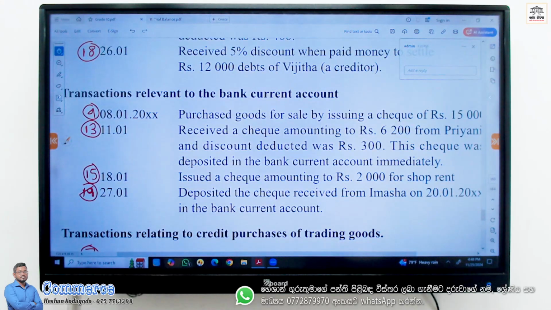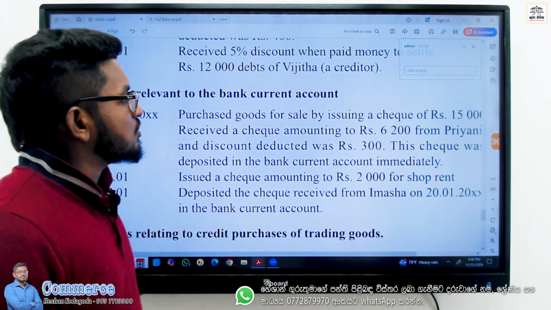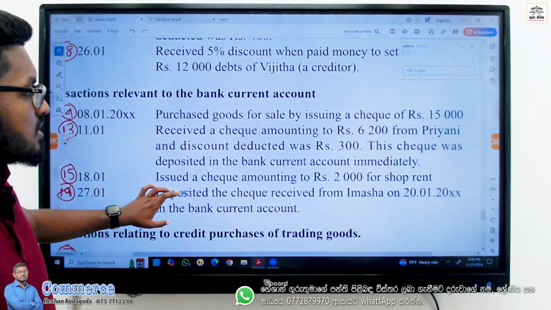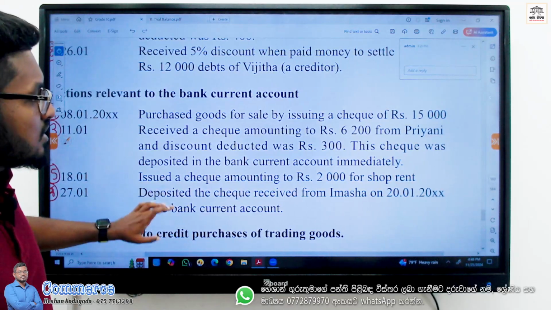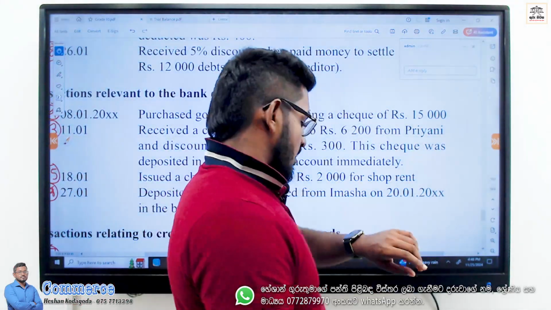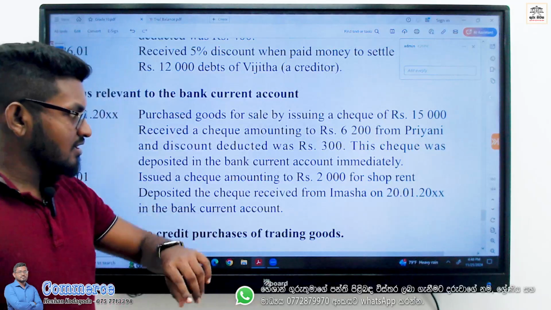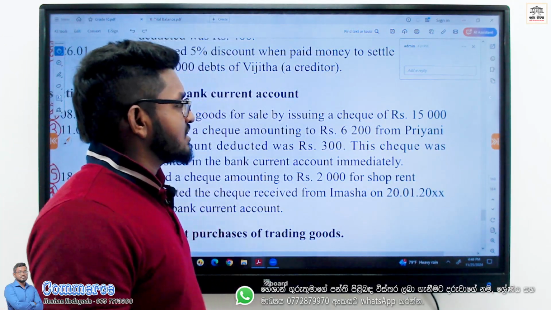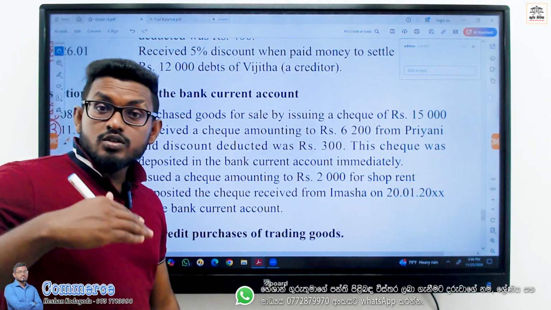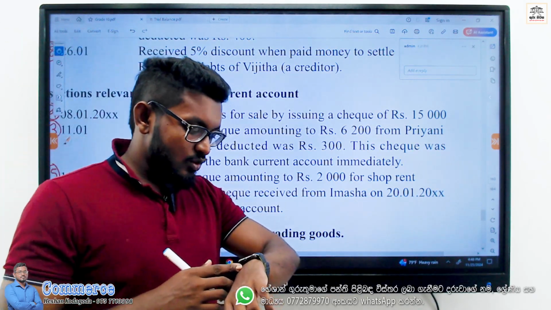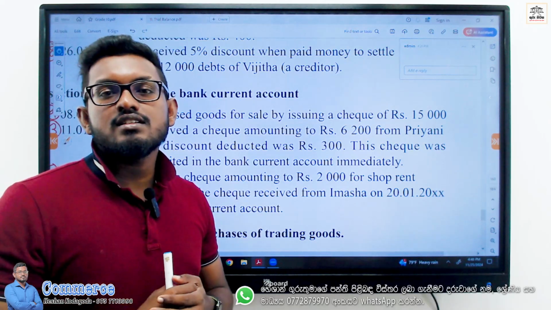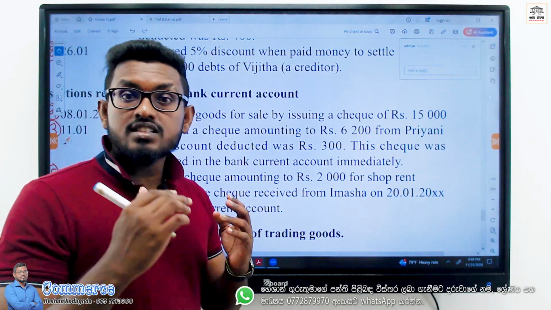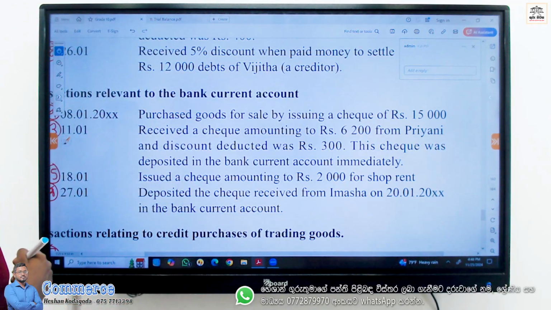This one. This is a bank current account related transaction, right? 8th of January. Purchase goods for sale by issuing a check of 15,000. What is the double entry? Since we are issuing a check, bank account credit, purchase account debit.